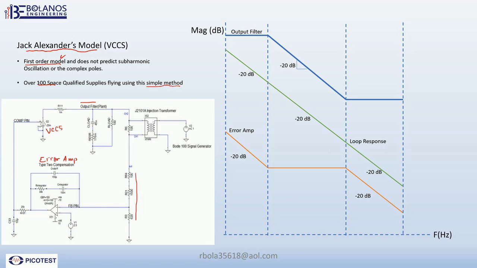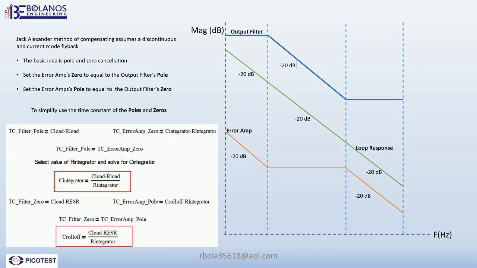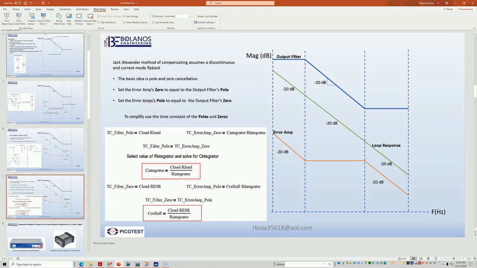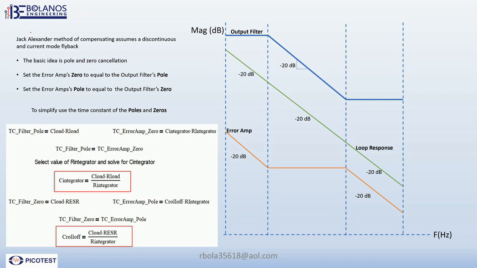Okay, as far as compensation, I'm going to be using Jack Alexander's method of compensating the loop.